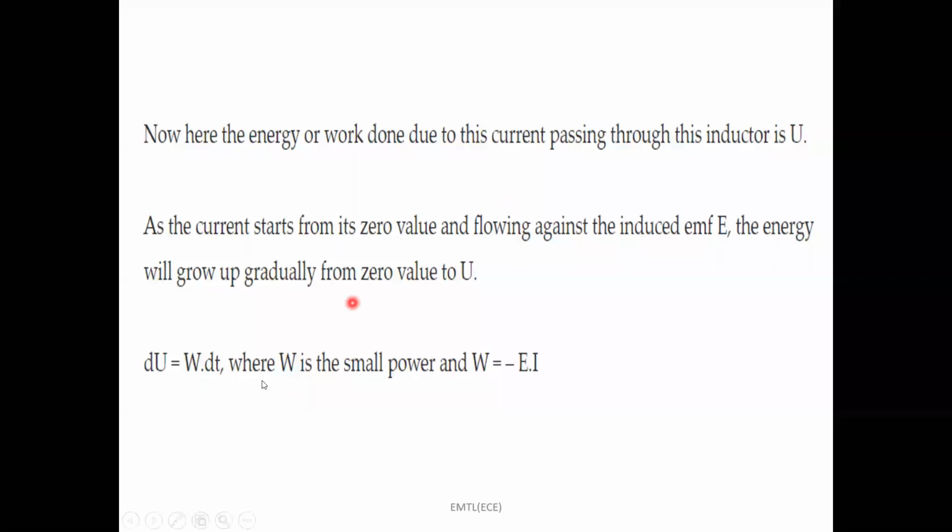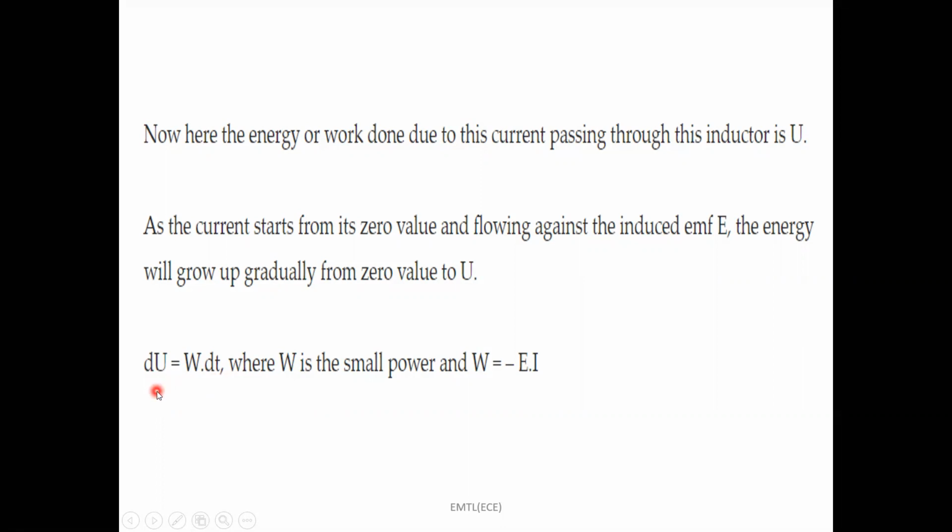Now the smallest energy dU is expressed in terms of work and time. The energy or work done dU is the work done into time. Here, this is the smallest work or smallest energy in a smallest interval of time.